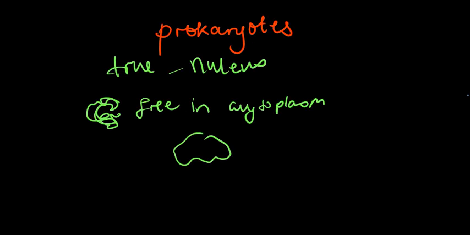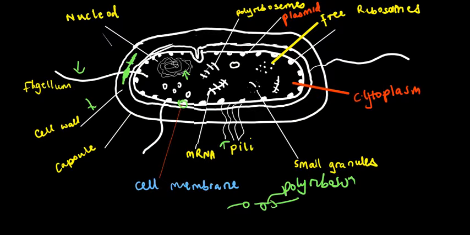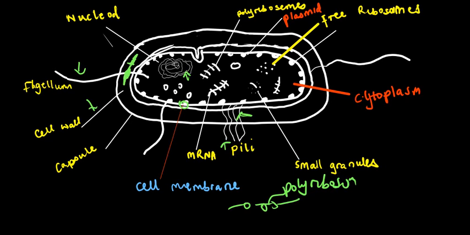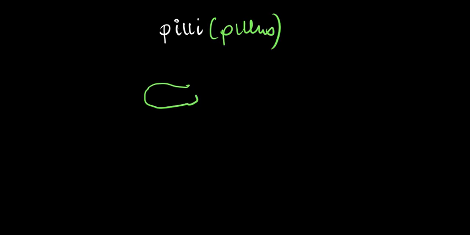Pili is plural, singular is pilus. So what exactly does the pilus do? Let me go back to the image that's here. You look at these hair-like strands that are found on the bacteria. Let me draw, this is one bacteria.